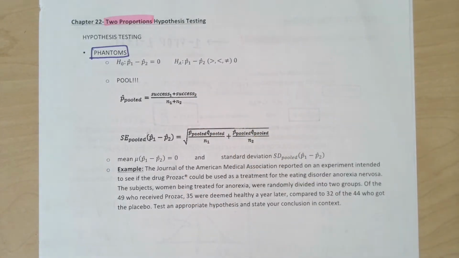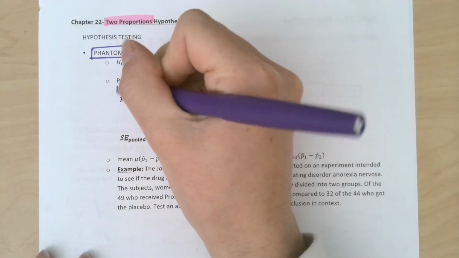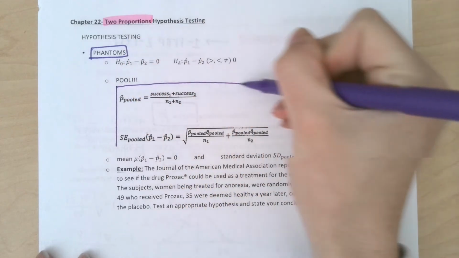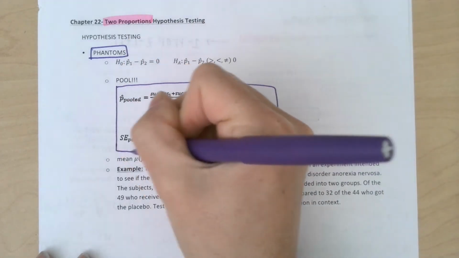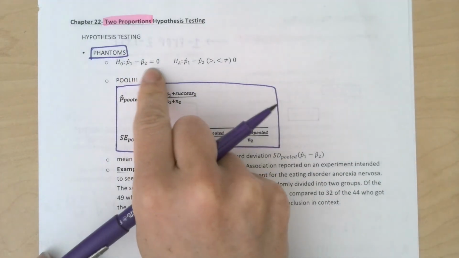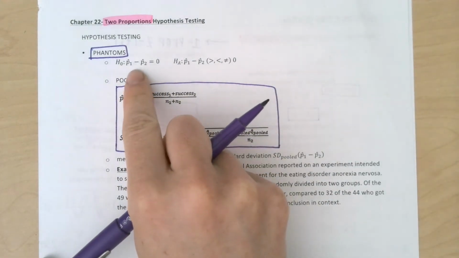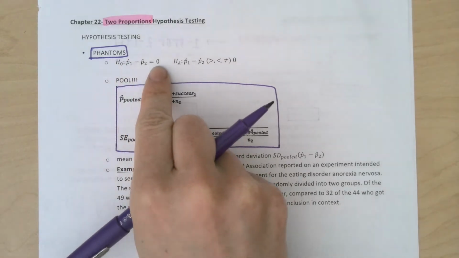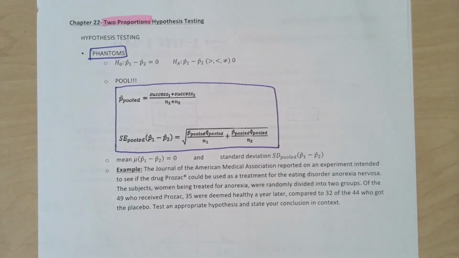A big thing with this two proportion hypothesis test is that we need to pool. Our entire hypothesis is based on the assumption that the two proportions are equal. If they are equal and their difference is 0, then it shouldn't matter which group of people come from.